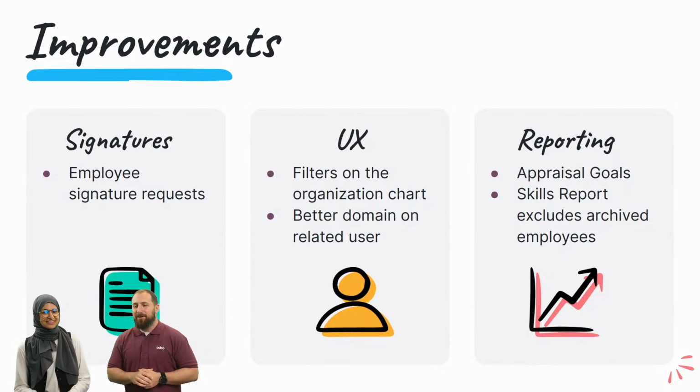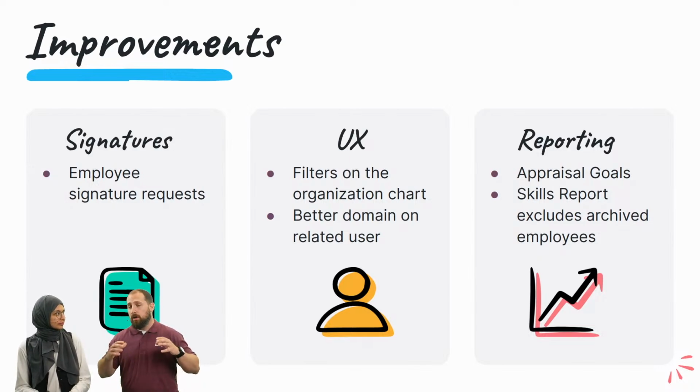Yes. And then finally, of course, we have improvements made in the reporting sections, like for the appraisal goals, where we've got a new smart button on the employee. Basically, it's an easy way to go to an employee and see the objectives that you've set for him or her to achieve throughout the year.